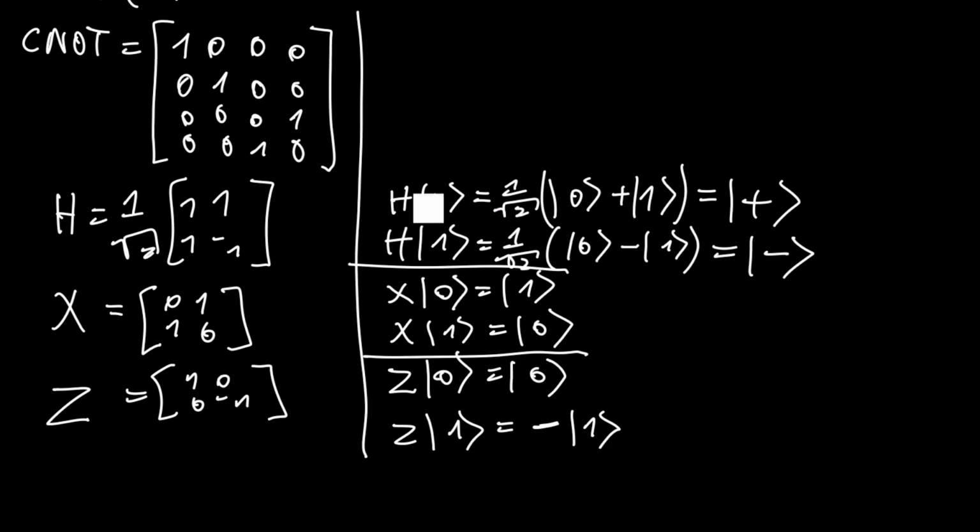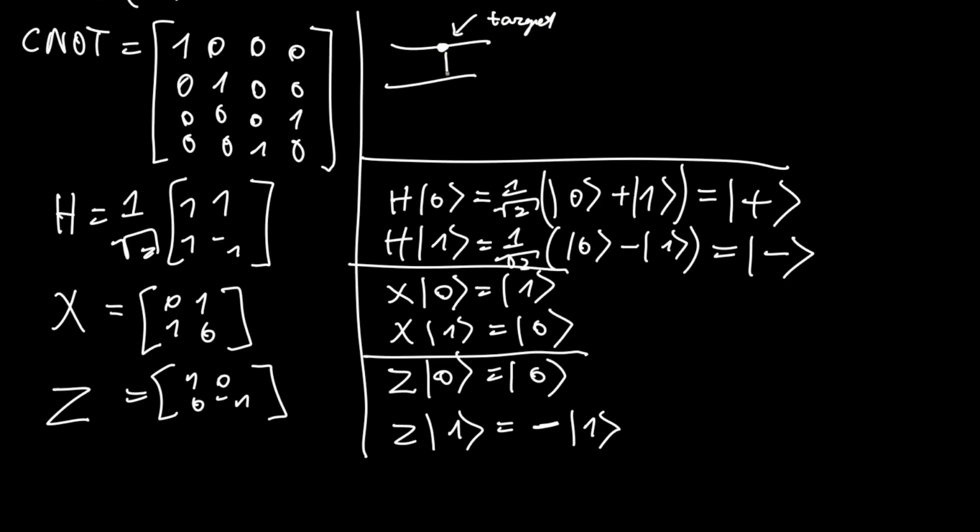What does CNOT do? It's called the controlled NOT. So we can write it as something as a target here, and this is gonna be a control. What does it do? If this is 1, this is flipped. If it was 1, becomes 0. Was 0, becomes 1. If this is 0, nothing changes. 0 stays 0, 1 stays 1.